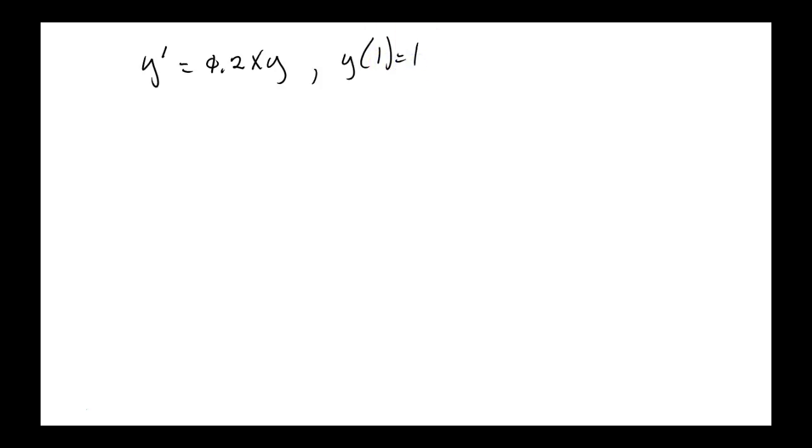Use Euler's method to obtain an approximation of y at x equal to 1.5. So what we're looking for is y at 1.5, and we're going to use h equals 0.1 and h equals 0.05.